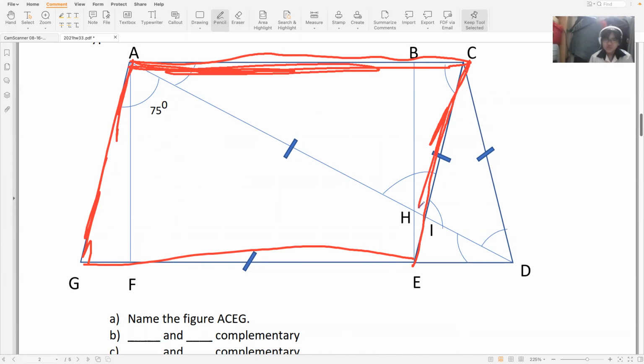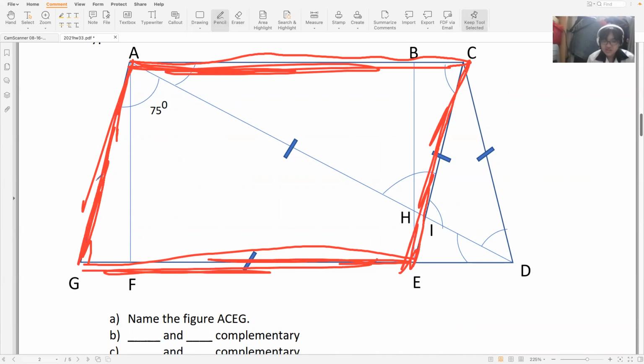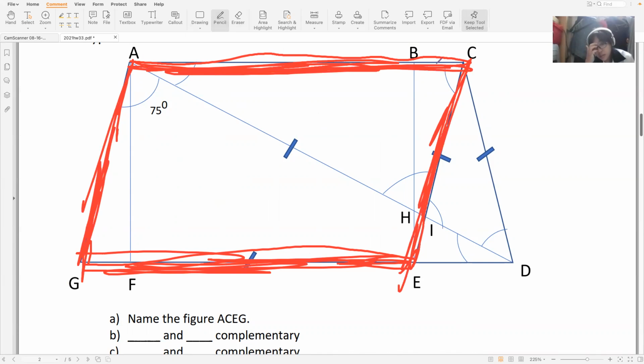What is this called? It's not a trapezium. The whole thing is a trapezium, but this one is what? This is a parallelogram.